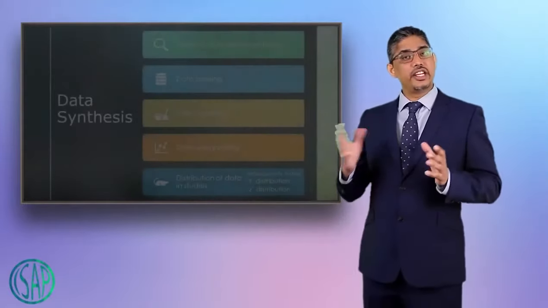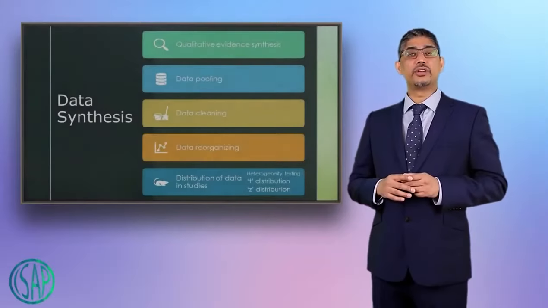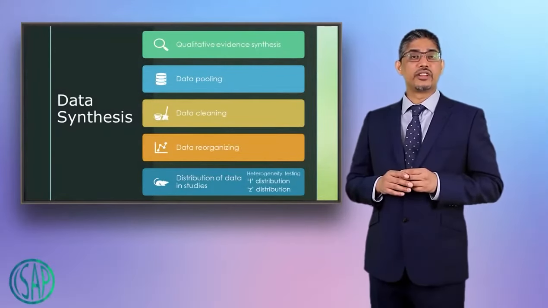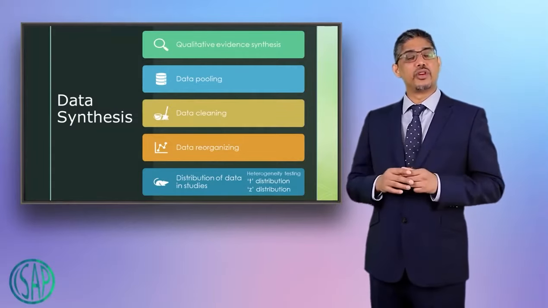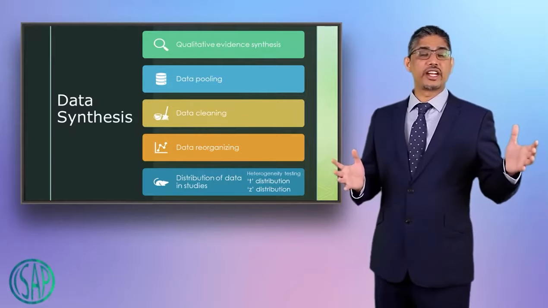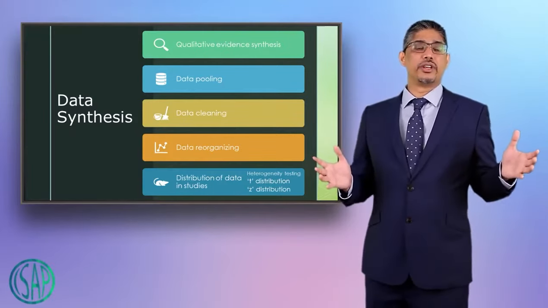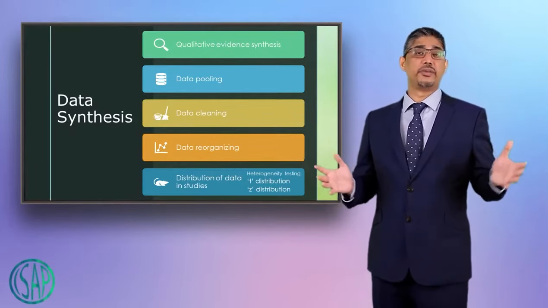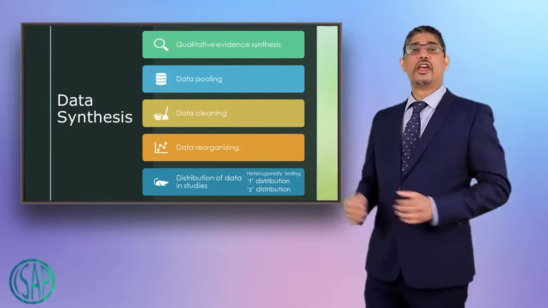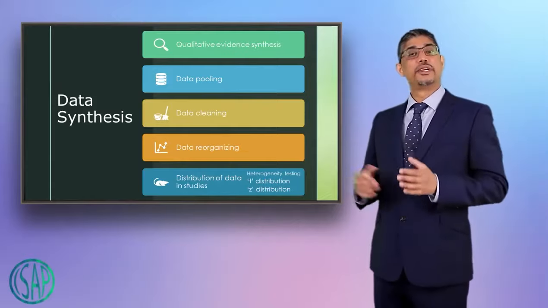But in data pooling you can actually combine various variables as well, which is a kind of statistical modeling and reorganization. So you may get the data reported as percentages. Then when you extract and convert them into actual real numbers, it becomes data pooling.